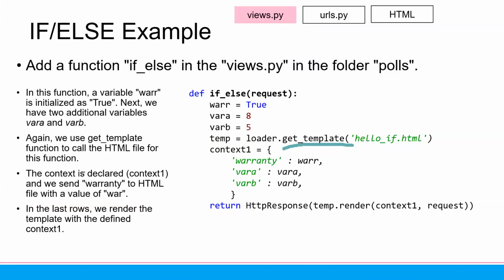And the context is declared, context1. It is the variable. And we need to send the warranty to the HTML file with a value WARR. Oh, sorry, I missed. Not WAR, but WARR.